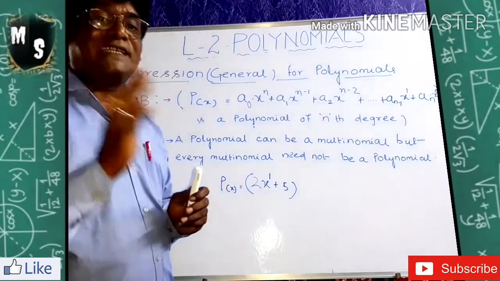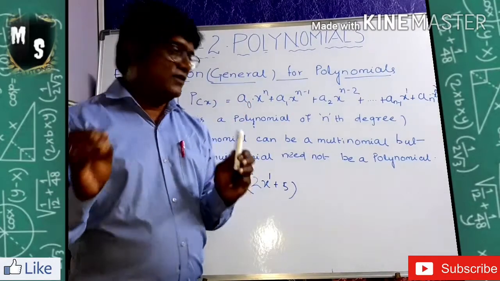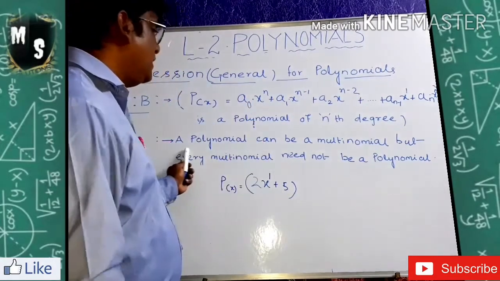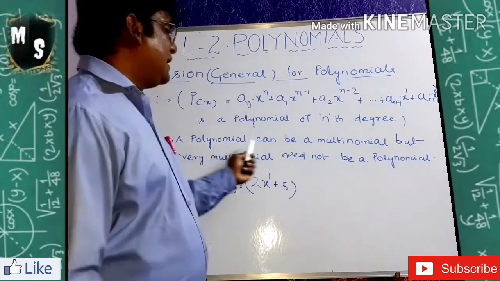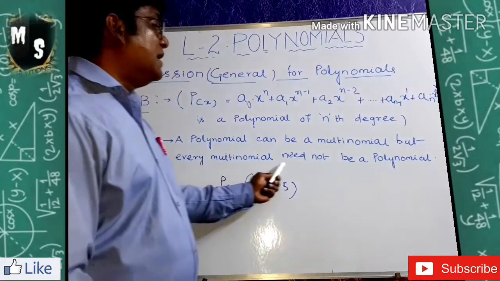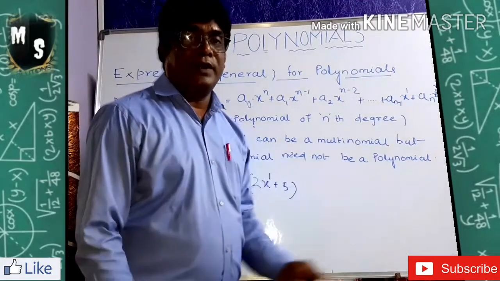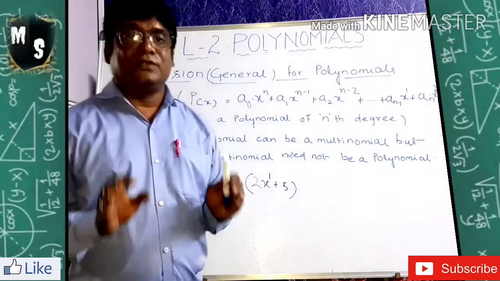But multinomials cannot be a monomial or binomial or trinomial. Very good point to remember. A monomial, a polynomial can be a multinomial, but every multinomial need not be a polynomial. I hope you understood these points nicely. Thank you very much.